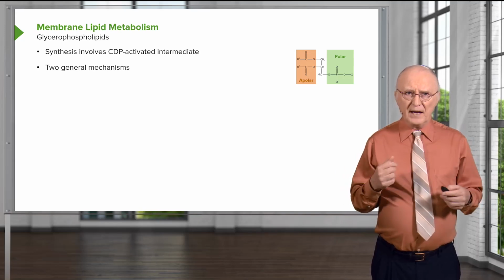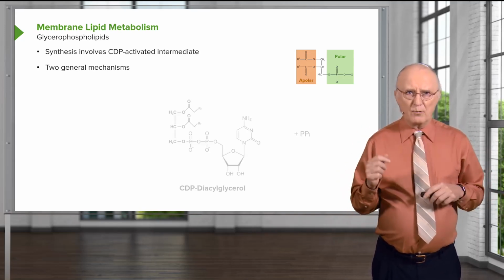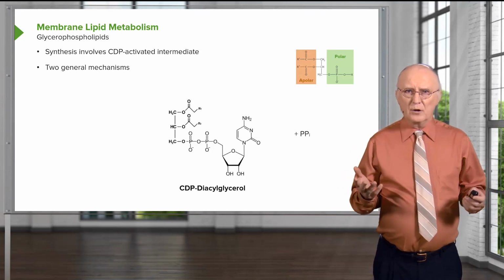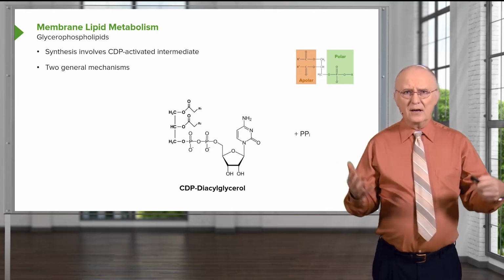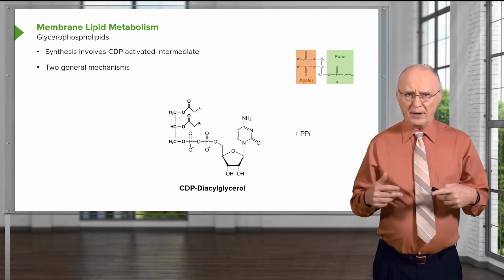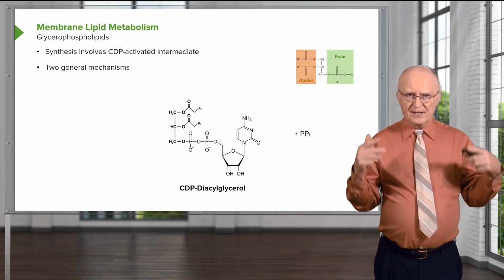Now, the two general mechanisms you will see have some parallels, although they sort of flip things around. The first method I will show you is starting with a molecule that is activated through the phosphatidyl compound. Now, this material is called CDP diacylglycerol.